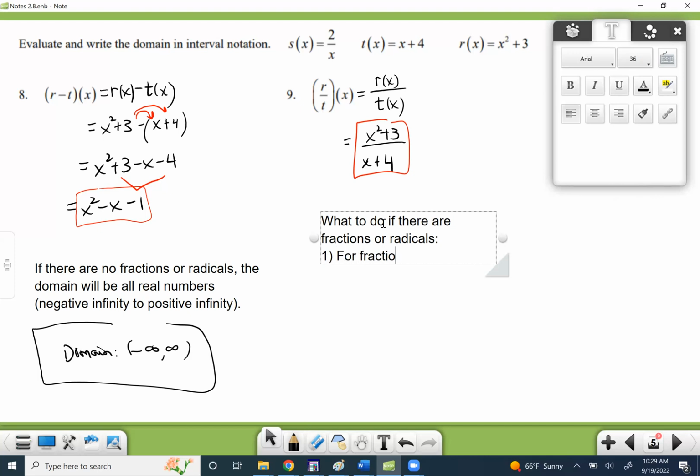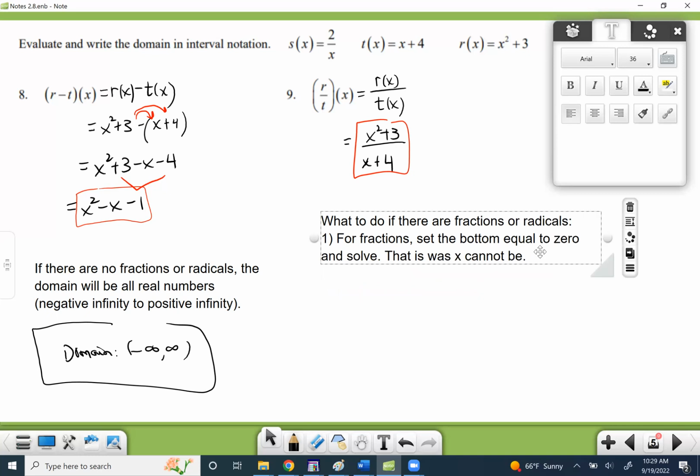For fractions, set the bottom denominator equal to 0, solve. That is what x cannot be. Remember, the bottom of a fraction cannot be 0. So when you set it equal to 0 and you find out what makes it 0, that is what x cannot be.